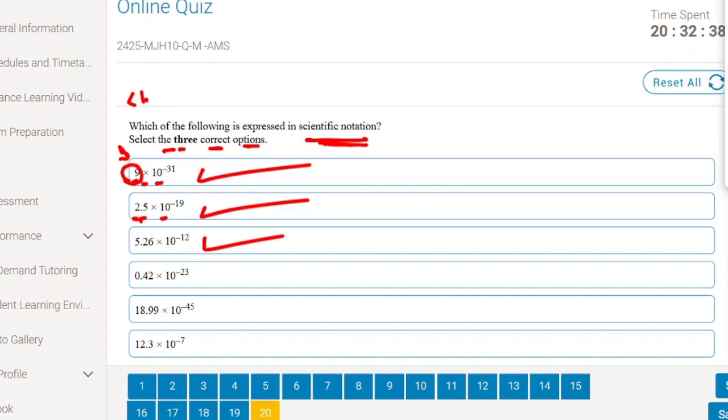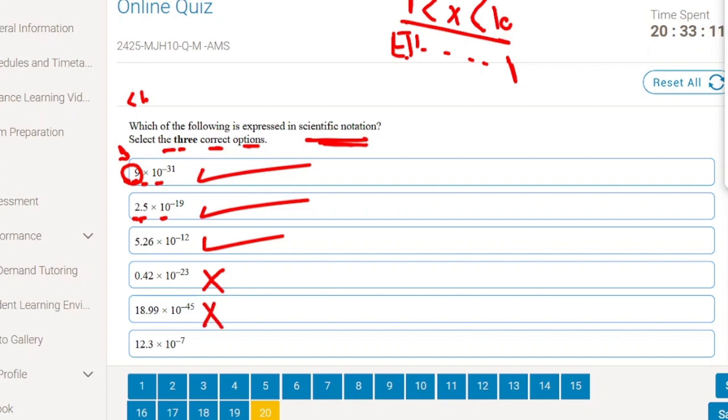0.42 multiplied by 10 to the power of 23. This is not a scientific notation because in scientific notation, the absolute number has to be bigger than or equal to 1 and less than 10. So it can be 1.5, 1.6, 9.6, and so on, but it has to be less than 10. For example here, 18.99 multiplied by 10 to the power of minus 45.